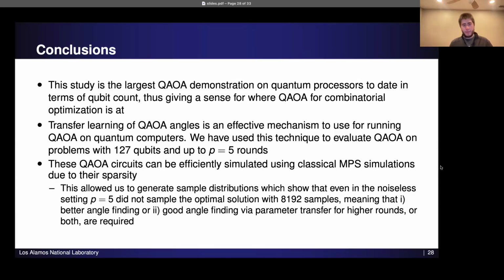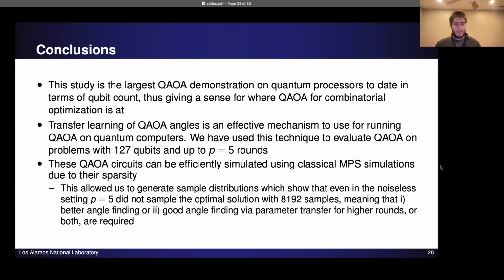And in particular, we found that transfer learning of QAOA angles is a very effective mechanism for running QAOA on quantum computers. And so we've used this technique to evaluate QAOA on problems with 127 qubits up to p equals 5 rounds.